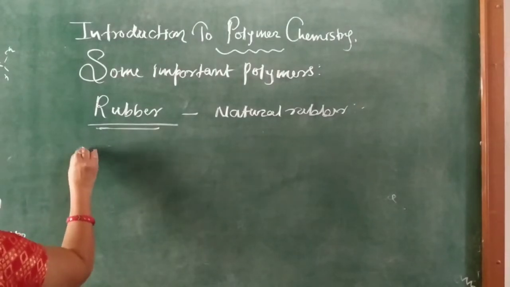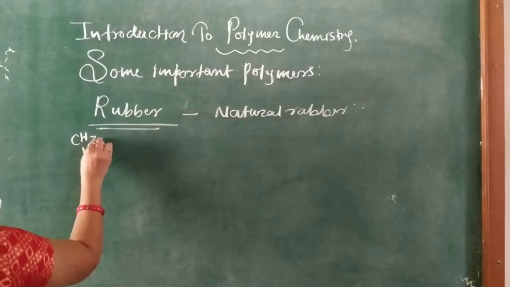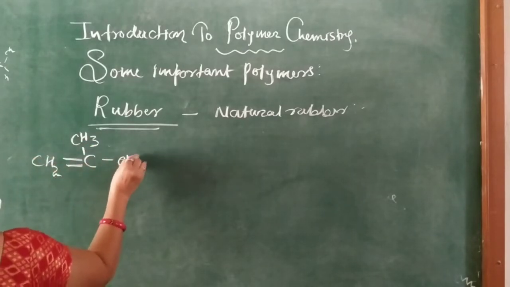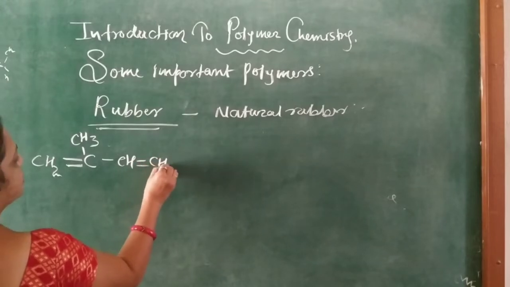Here is isoprene: C, CH3, double bond, CH2, CH, and again CH2.